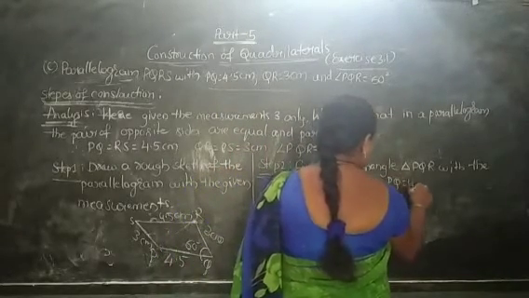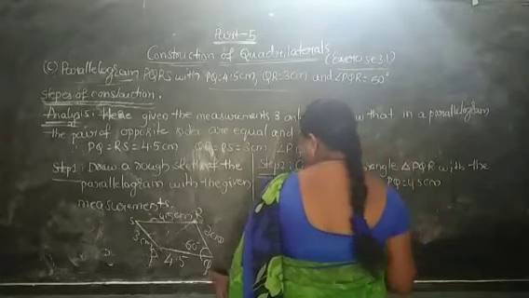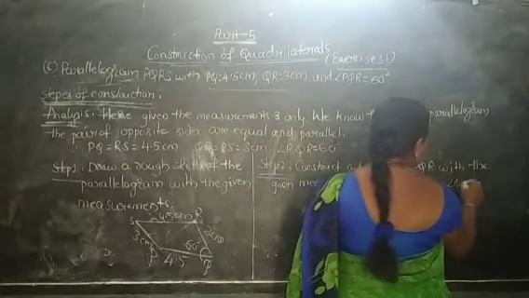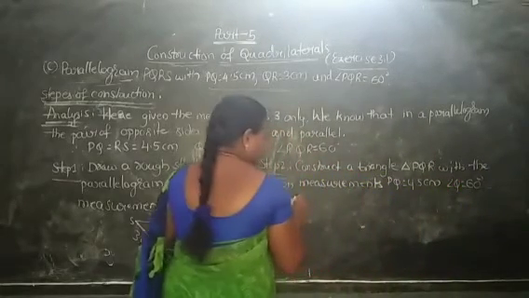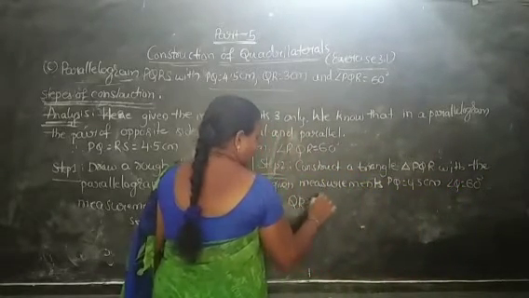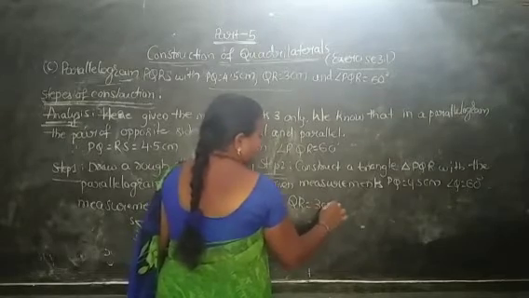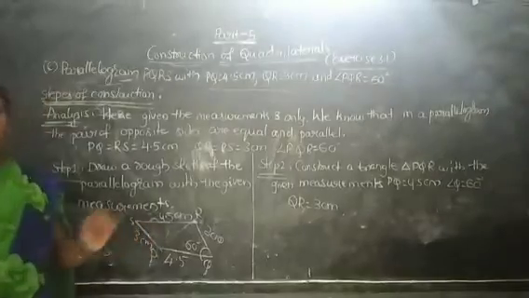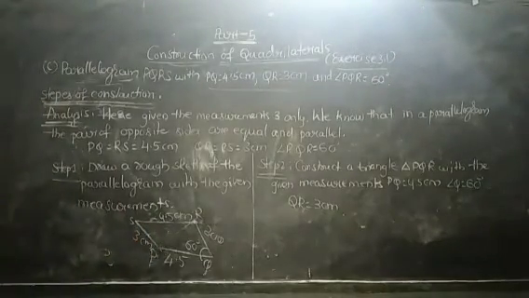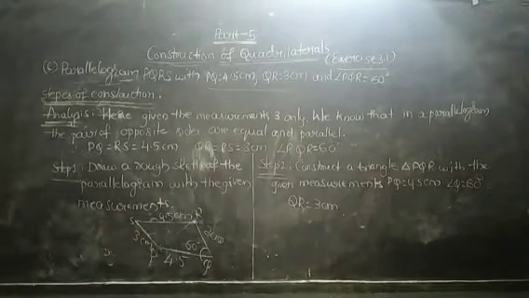PQ is 4.5 centimeters, angle Q is 60 degrees, and QR is 3 centimeters. Okay, write these 2 steps, and then I will give the remaining 2 steps, and I will give the construction.